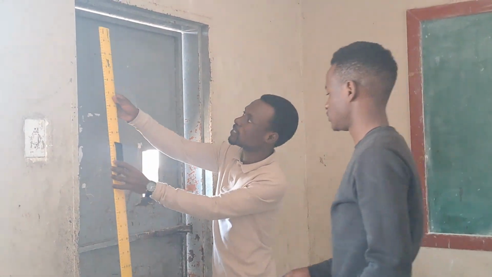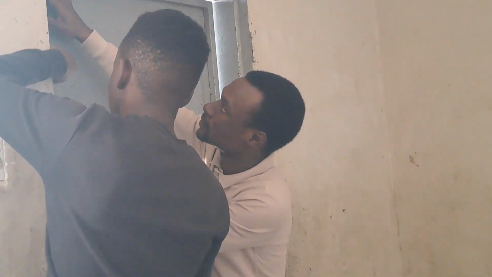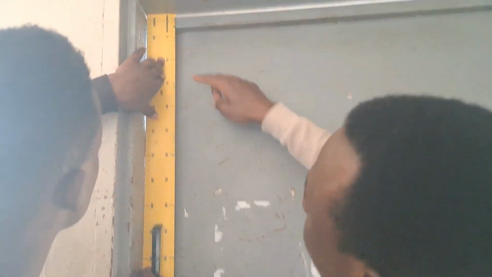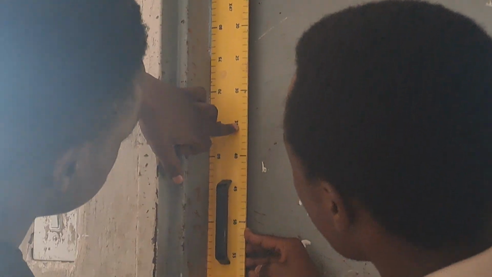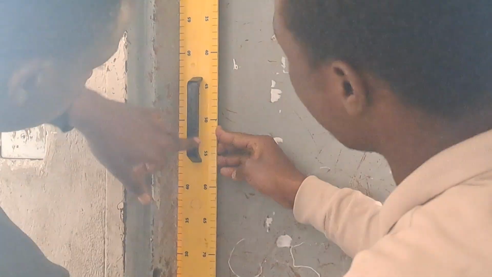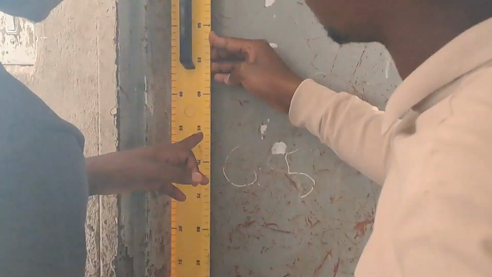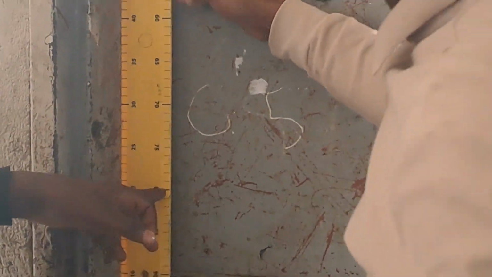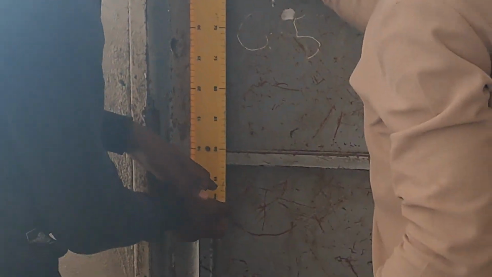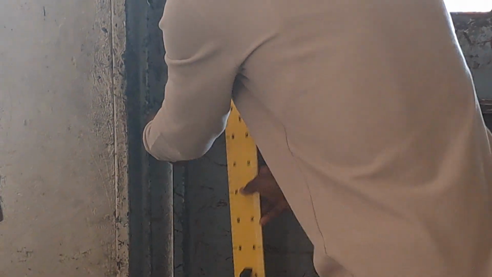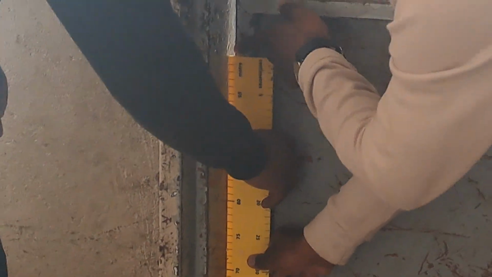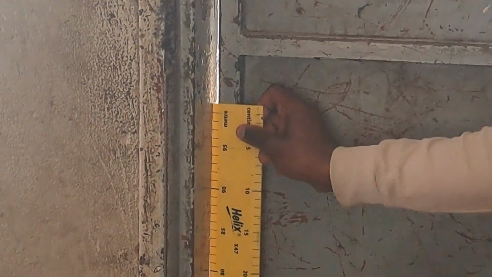Chaulala, can you please help me to measure the distance of the door? Yeah, maybe starting from here. 5, 10, 15, 20, 25, 30, 35, 40, 45, 50, 55, 60, 65, 70, 75, 80, 85, 90, 95. Meter. Can we have a meter from here, ne? Then we have to move up there. It's 2 meters. Keep on counting.